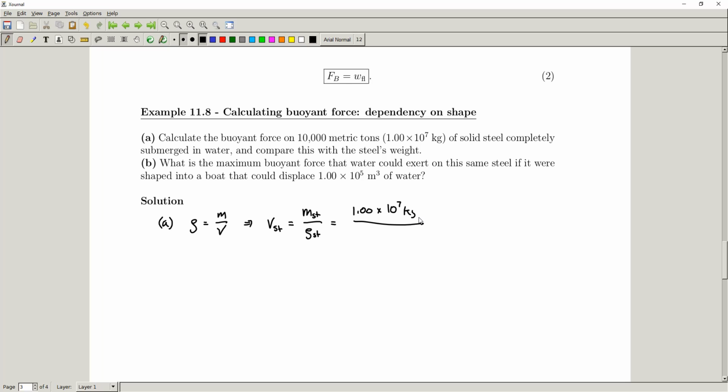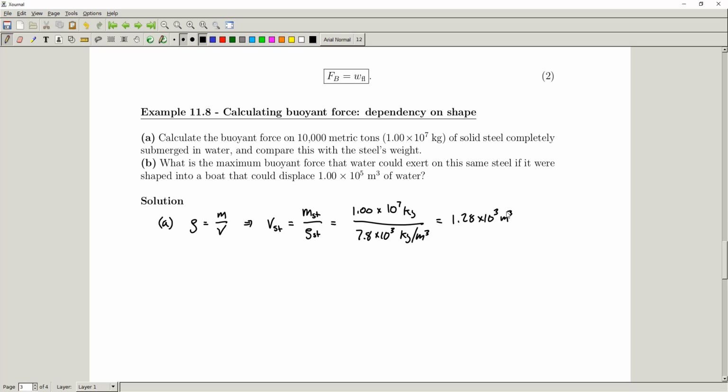I don't have it in front of me, but this value comes from table 11.1 in the textbook, which has the densities of different materials. There we find that steel has a density of 7.8 times 10^3 kilograms per meter cubed. If we do that calculation, we find a volume of 1.28 times 10^3 meters cubed.